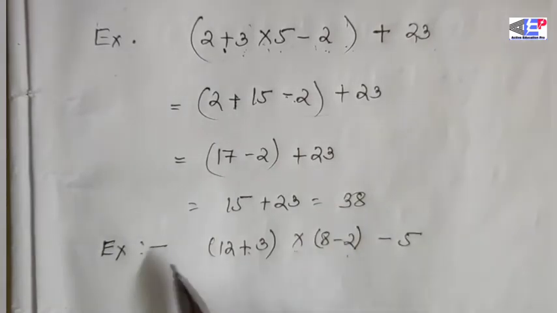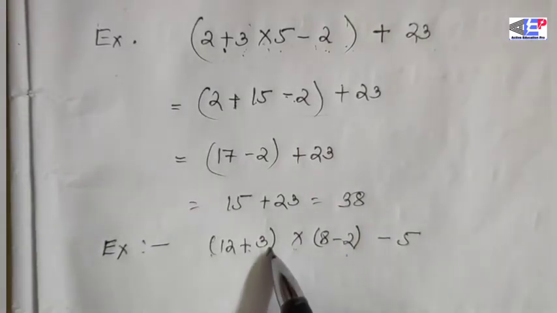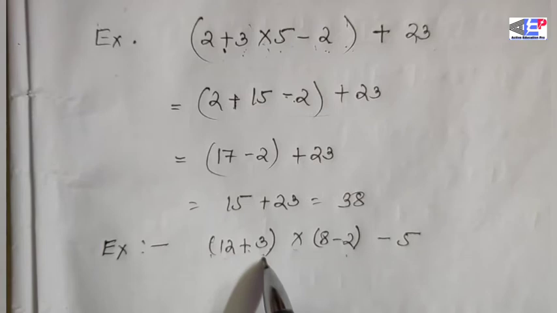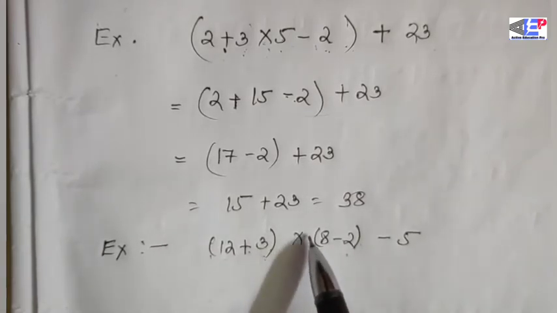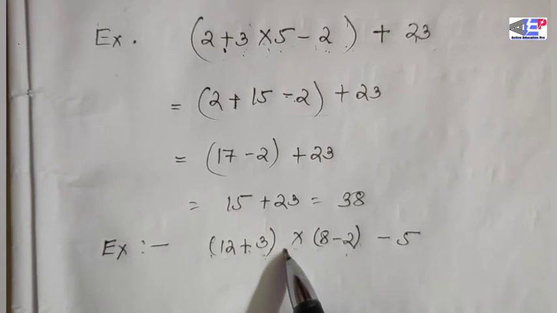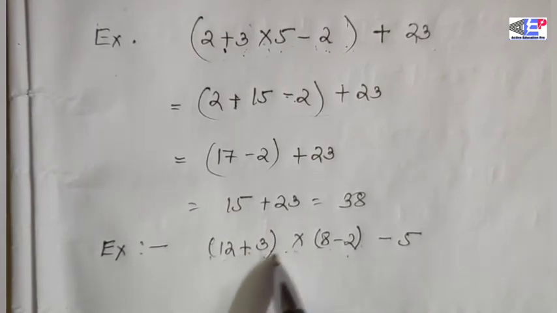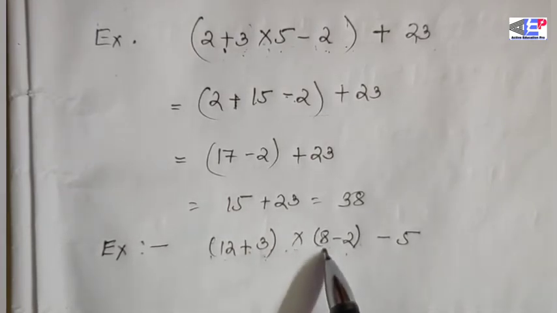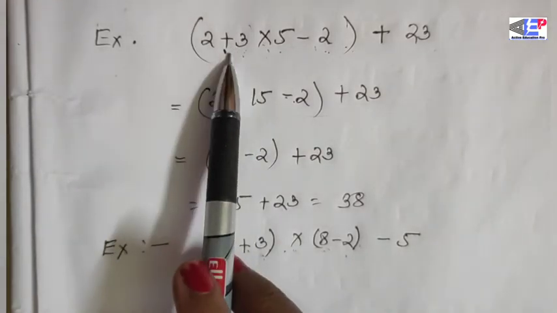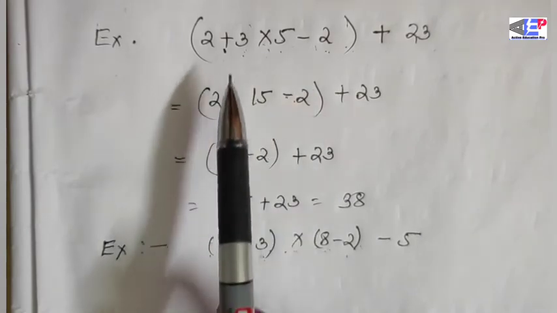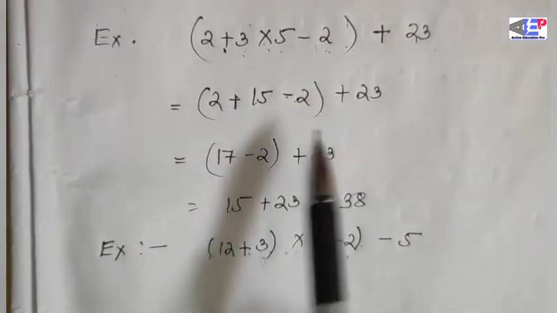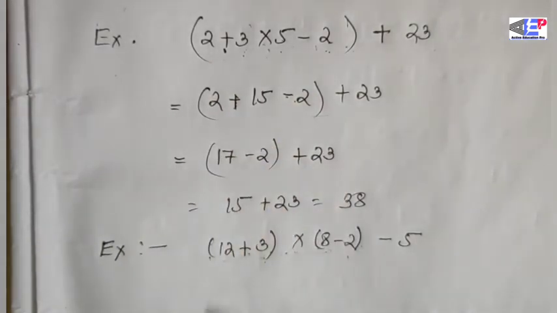But here it starts with a bracket and ends with a bracket, and there is a multiplication symbol; these two brackets are multiplied with each other. As per the BODMAS rule, we evaluate it step by step, but in this question, first remove the bracket.